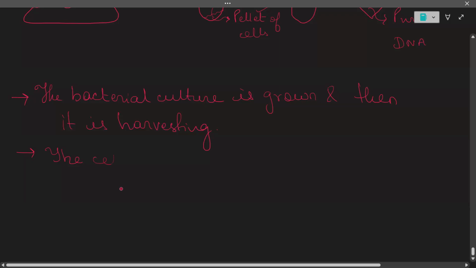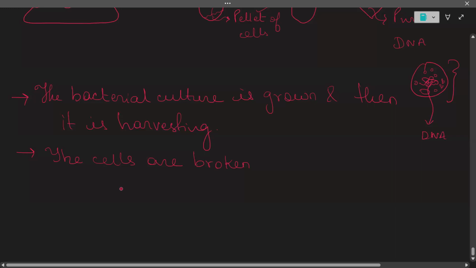Then the cells that are present, obviously it is a bacterial cell, so you don't need the whole cell. For example, if this is the cell, it has genetic material present in it, it has ribosomes, it has vacuoles, it also has some RNA molecules and all of these things. But you don't need this whole apparatus. You just require the DNA. That's all you need. So you have to remove all of the other components to get the pure DNA.